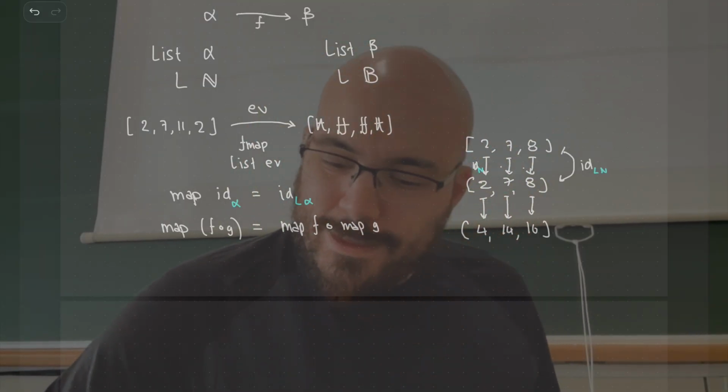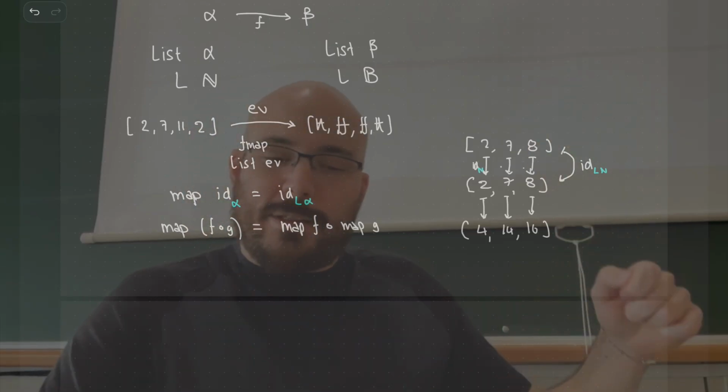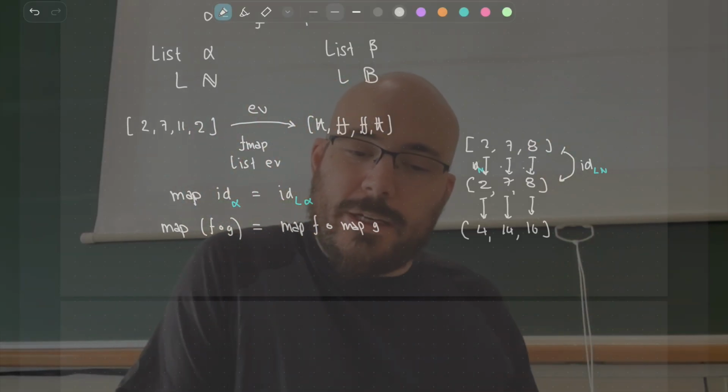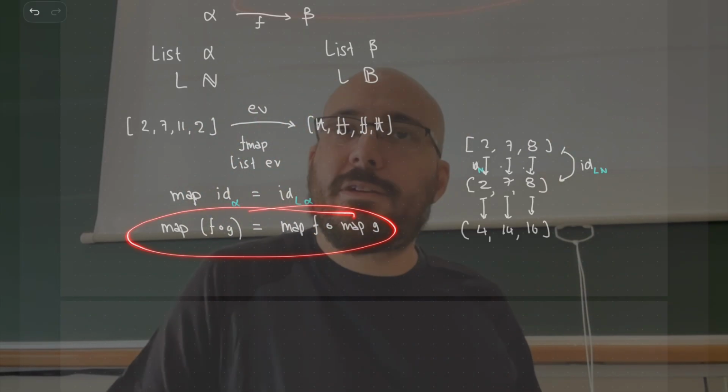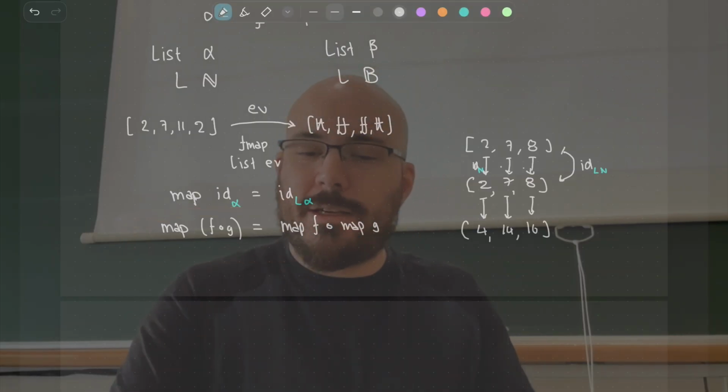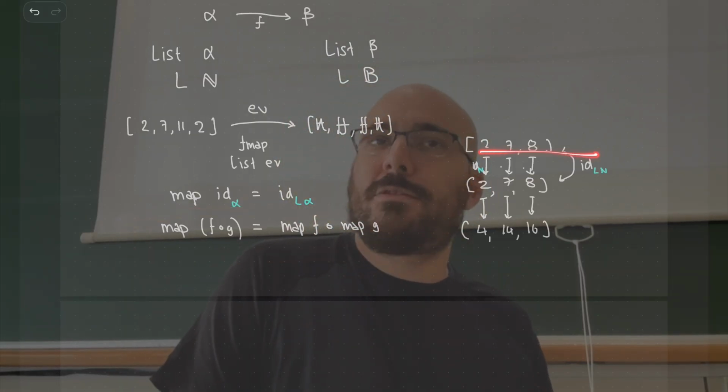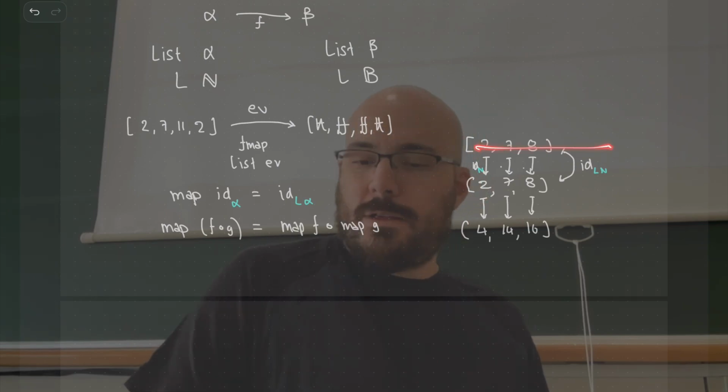And now you start to think that if you teach your compiler those kinds of equations, you get a much more efficient program, because obviously you can imagine that you have a list of 1 million elements here.